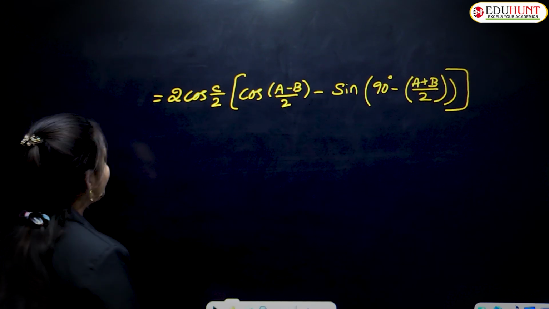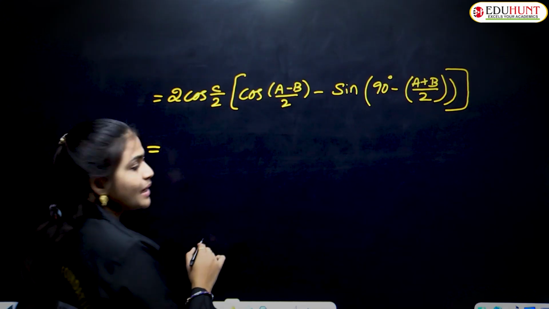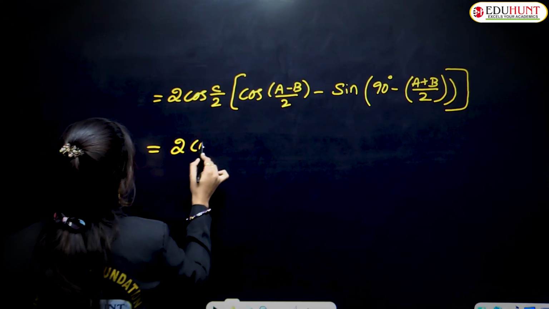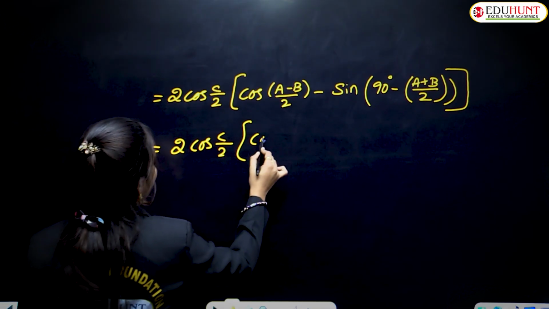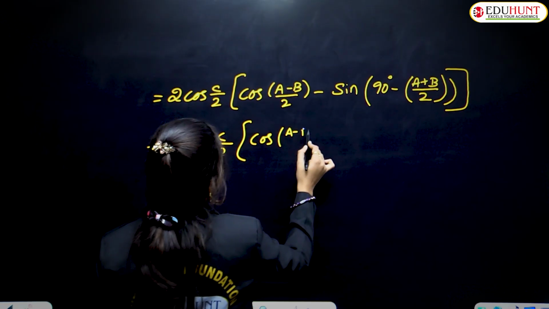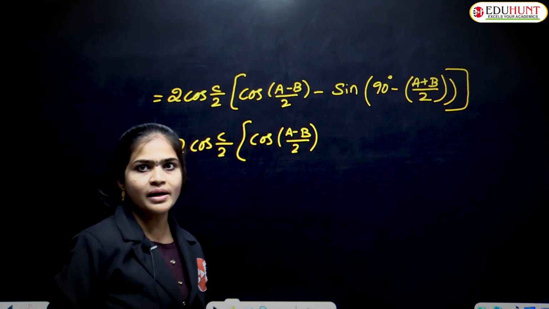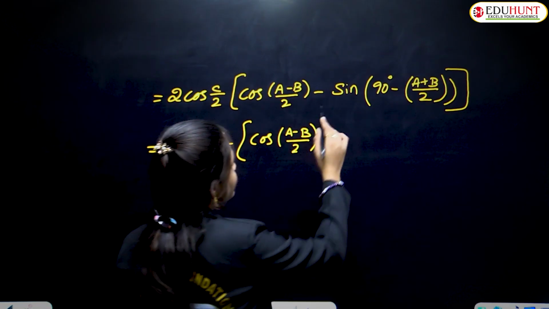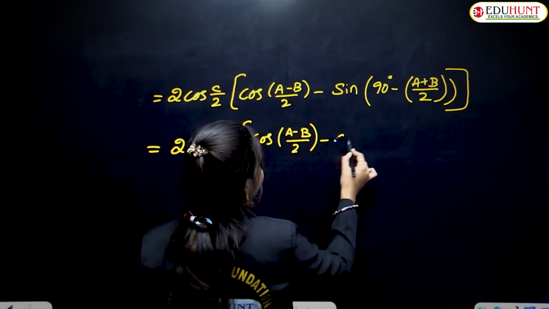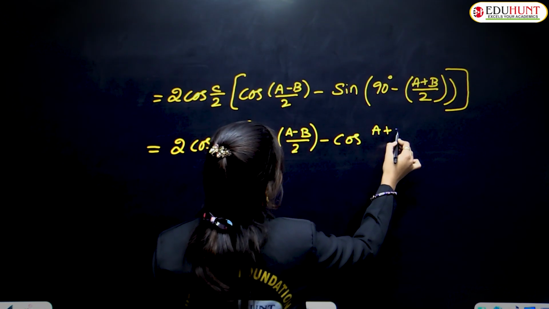Understand? So 2 cos C by 2 into cos of (A minus B) by 2, and here sin(90 minus theta) means sin becomes cos. So minus cos of (A plus B) by 2.